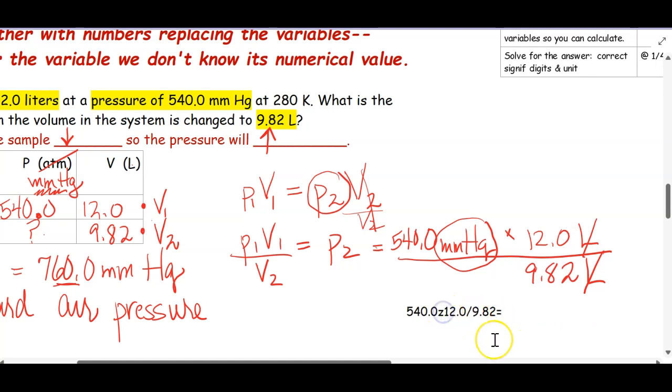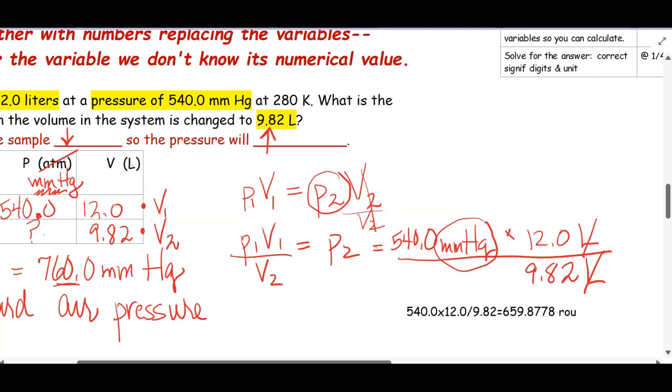Oh, I've got that there instead. I need to put a times. All right, now that should be okay. When I press enter, I get 659. Oh my goodness, look at all those digits. And that's in millimeters of mercury.